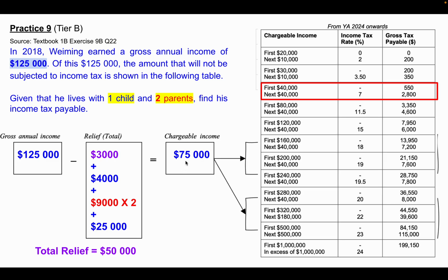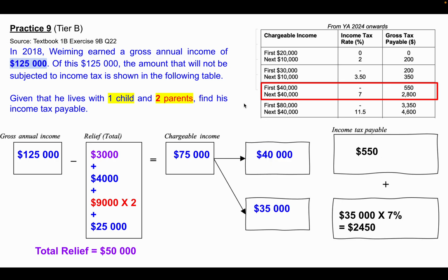Next, to calculate the income tax payable, we have to look at this table. So since it is $75,000, it cannot be this bracket because it says first 80,000. So we have to go back to the previous bracket here. First 40,000, and then the remaining amount will be subjected to 7% of income tax charges. So by writing this, $75,000 we split into 40,000, which is over here, and straight away we know that the tax for this amount is $550.